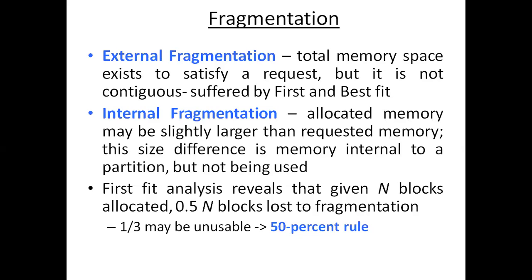Let's say there is a hole at the beginning of 20 kilobytes, somewhere in between I have another hole of 20 kilobytes, and somewhere at the bottom of the memory I have a hole of 20 kilobytes. Now a process of 60 kilobytes comes in and wants to be placed in memory.